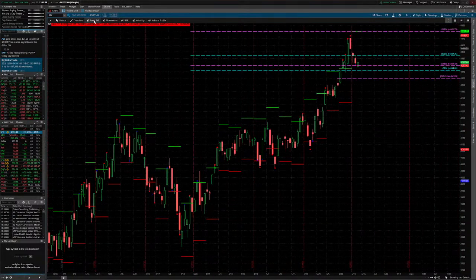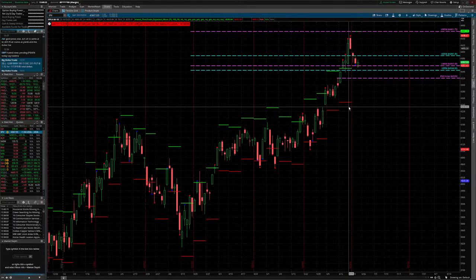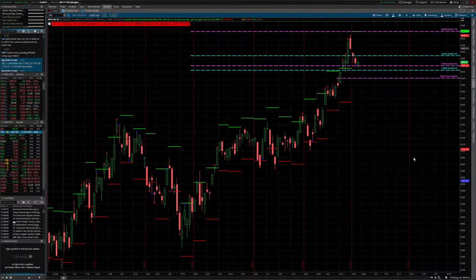I just have this script. So these lines right here are the lower and upper edge of the expected move for last week.